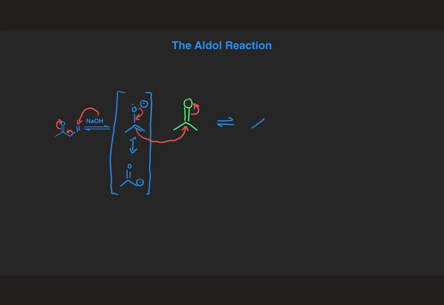So we reform the carbonyl and we form a new bond to the alpha carbon of the other ketone, which has two methyl groups hanging off of it, like this.